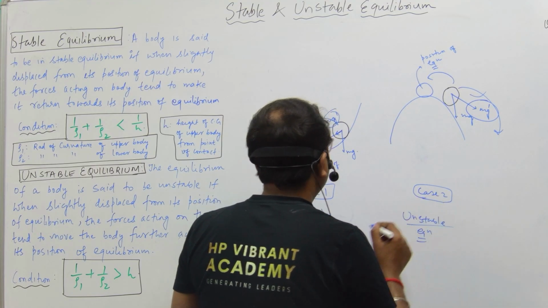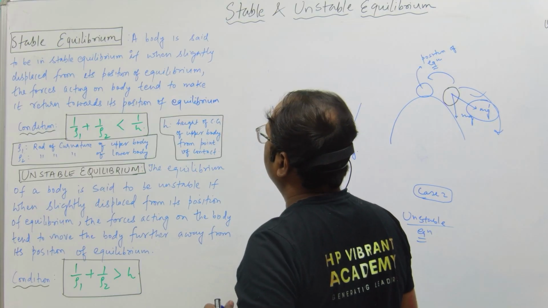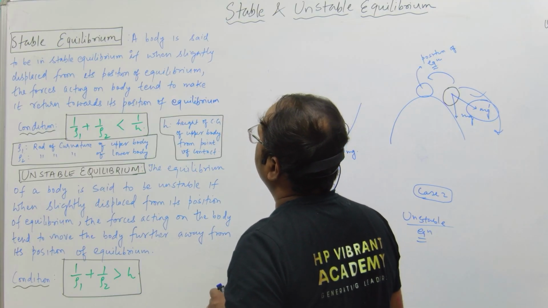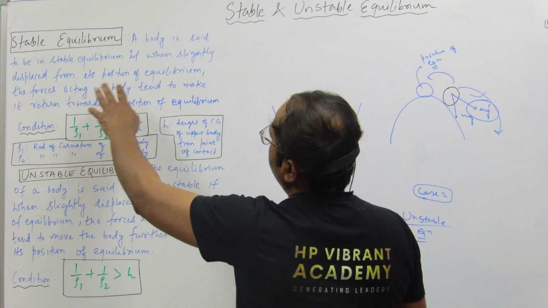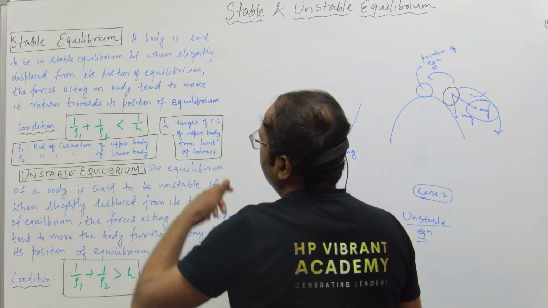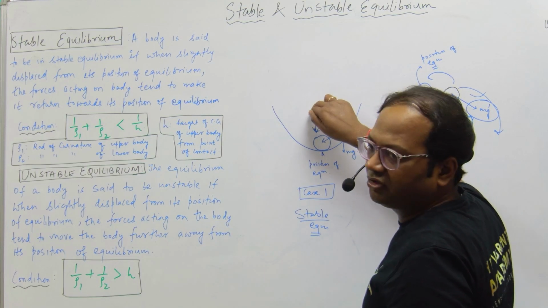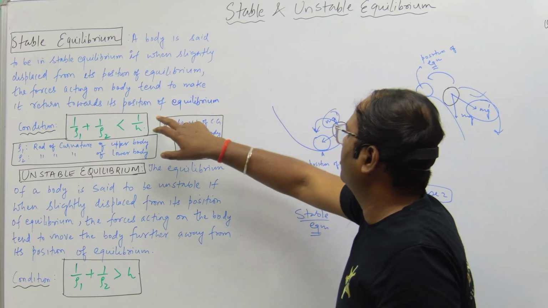Let us go back to the statement. A body is said to be in stable equilibrium if, when slightly displaced from the position of equilibrium, the forces acting on the body tend to make it return towards the original position of equilibrium.